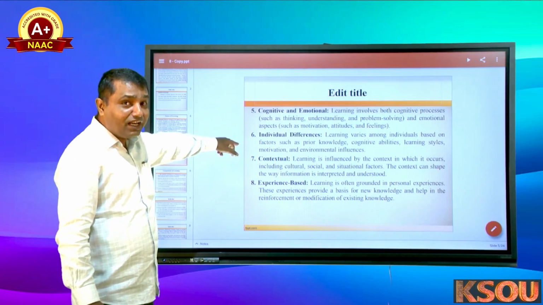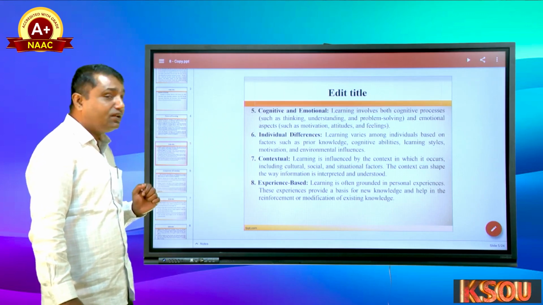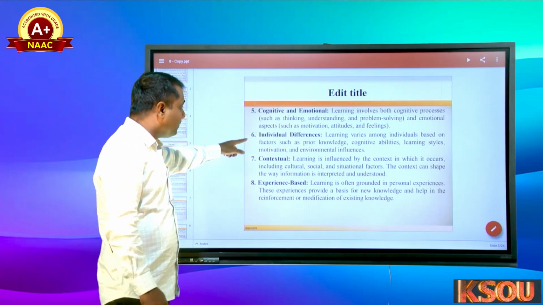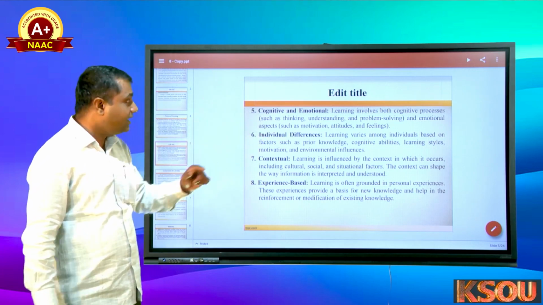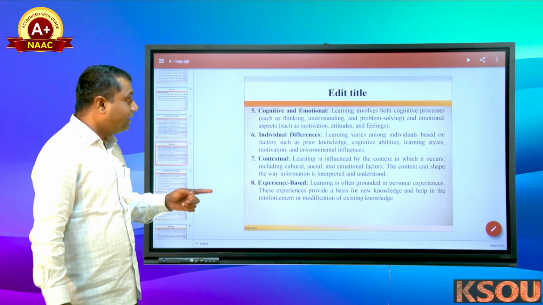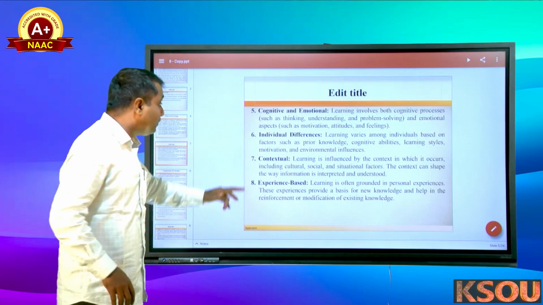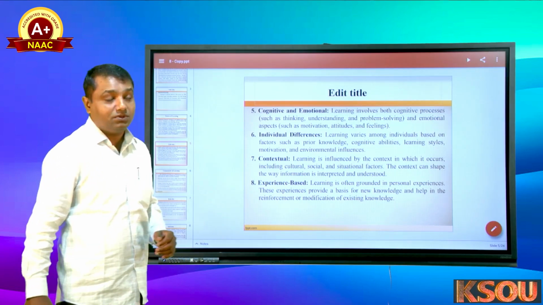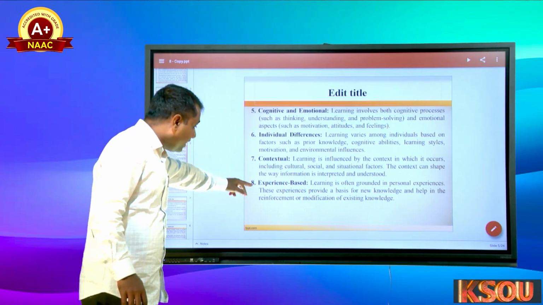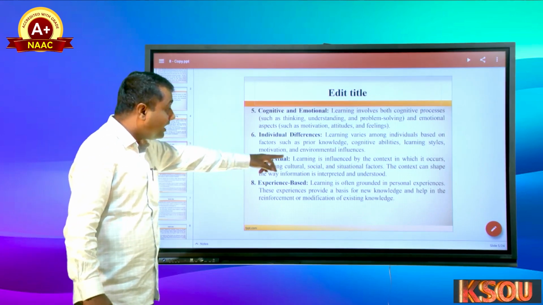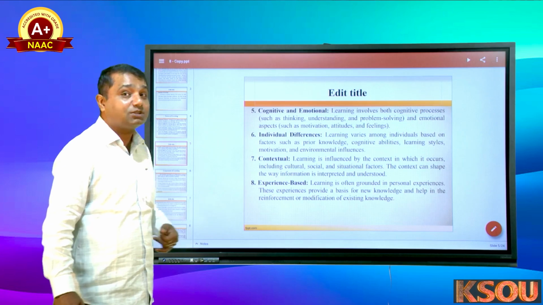The sixth one is individual differences. What are individual differences? Learning varies among individuals based on factors such as prior knowledge, cognitive ability, learning style, motivation and environmental influences. Next is contextual and experience-based. Learning is often grounded in personal experiences.